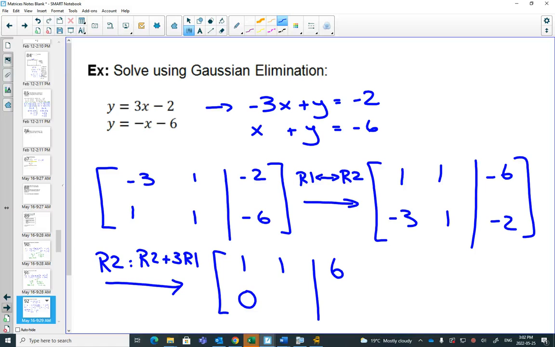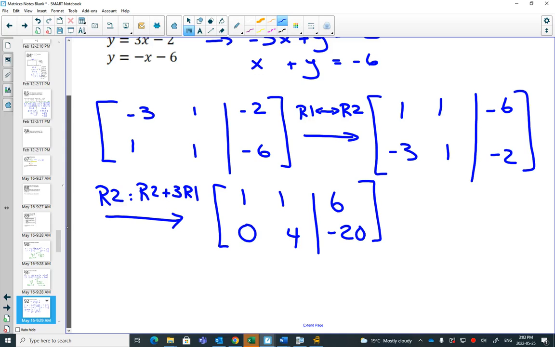So if I do row 2 plus 3 row 1s, this will be 1 plus 3, that will become 4, and this will be negative 2 plus negative 18, negative 20. Once we have that 0, this tells us that 4 y's are equal to negative 20, so y is equal to negative 5.